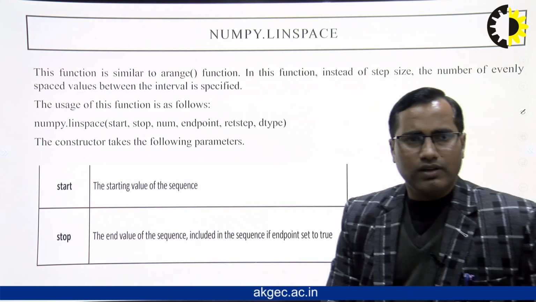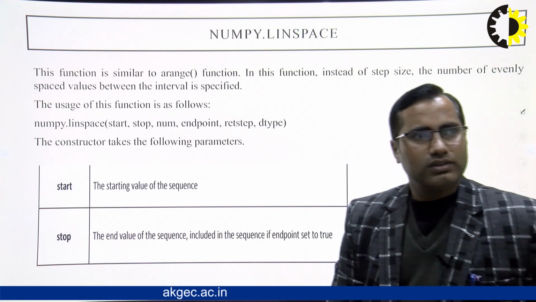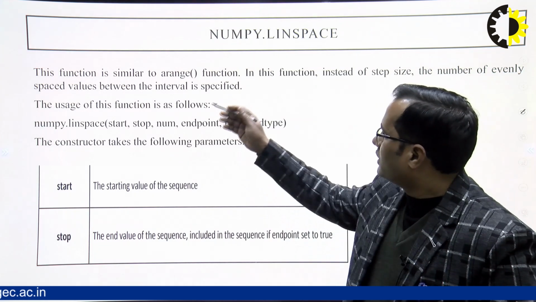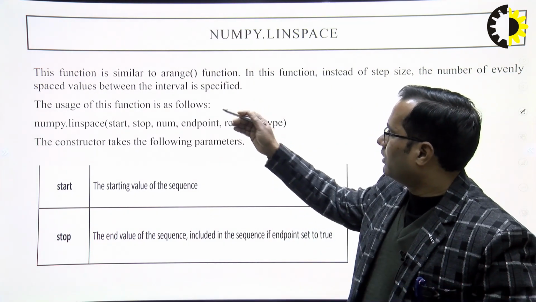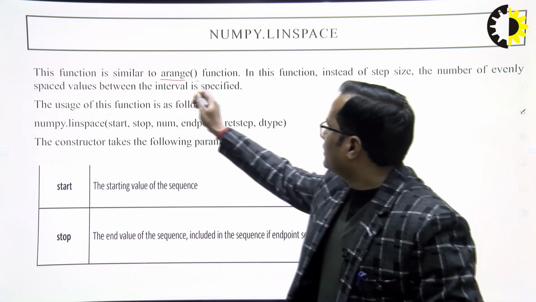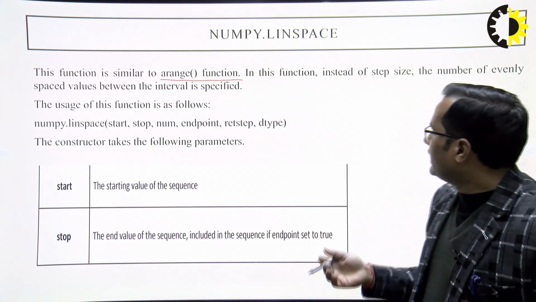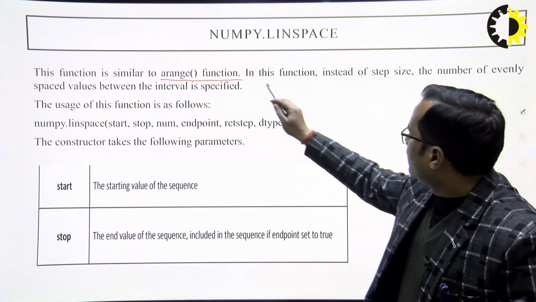This is another routine to create an array object, and this function is similar to the arange function. It is also used to create array objects of evenly spaced data.